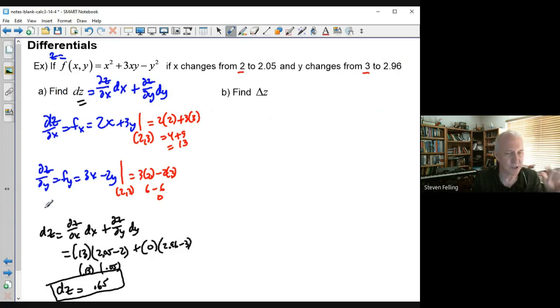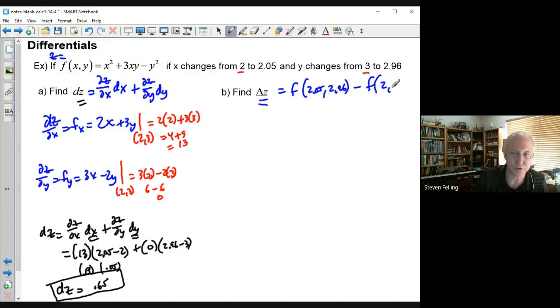How much infinitesimal change is there for an infinitesimal change in x and y? When we do this part, we actually use the physical change there. But if they phrase a question this way, find delta z, then that means to literally find f at the new point, which is 2.05 comma 2.96, and subtract f at the starting point, which would be 2, 3.